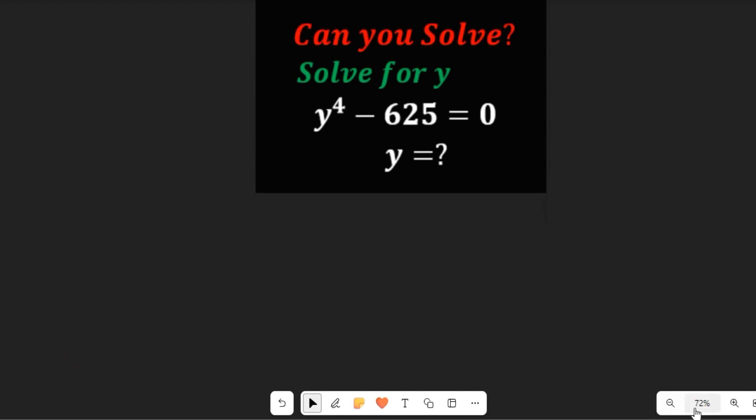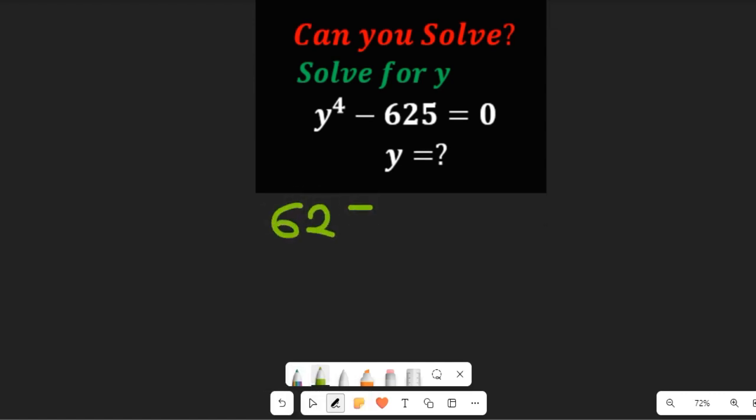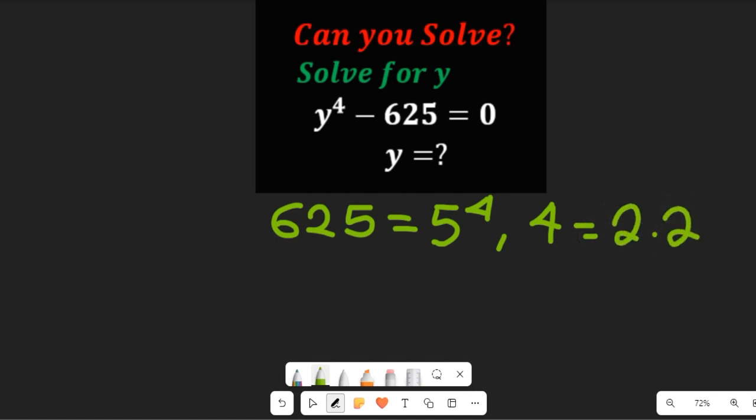Now let's get started. To solve this expression, I want you to have in mind two things: that 625 can be equal to 5 to the power of 4, and you also recall that we can say that 4 can be equal to 2 multiplied by 2.